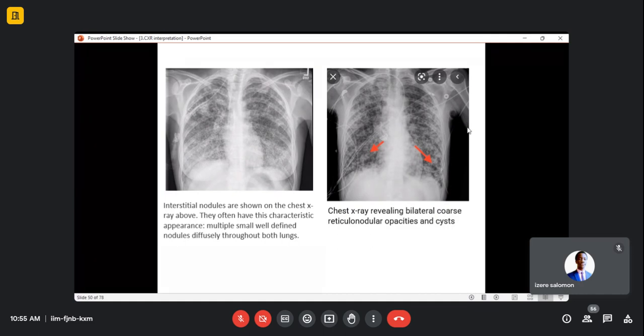Hello. How is this image on the left only medullary? Because I can see.